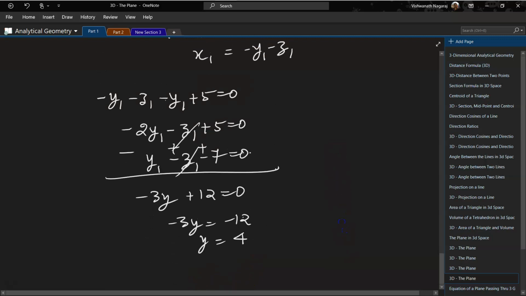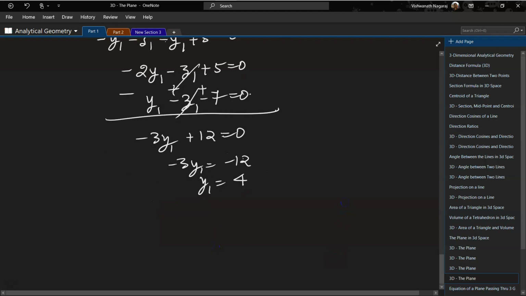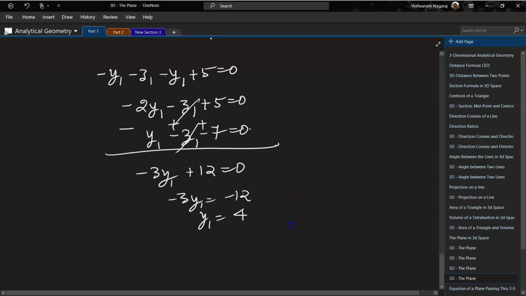Sorry, I have been writing y, it should be y1. So we have got the y coordinate of the circumcenter. Now let's substitute this 4 into one of these two. So let's say 4 minus z1 minus 7 equal to 0.